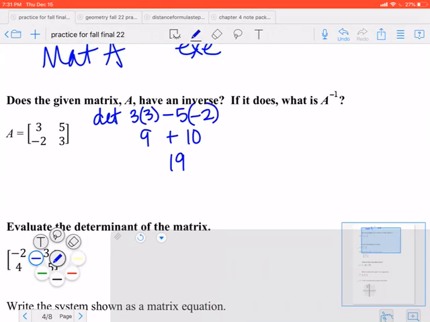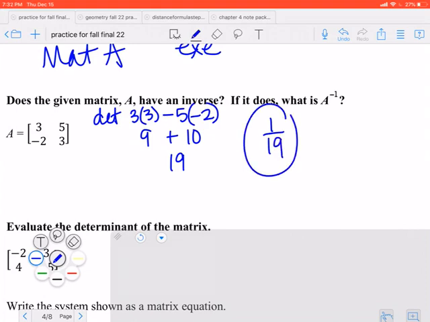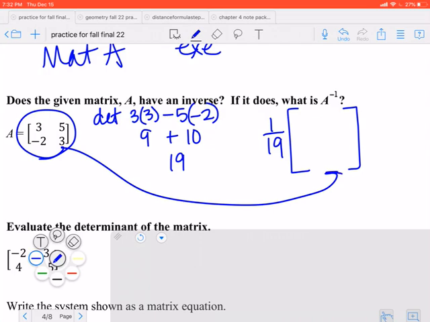The reason why you find that is because that's the denominator of the multiplier. We multiply this fraction by the matrix. And that's the part I was talking about, where you take these numbers and arrange them in a different way.